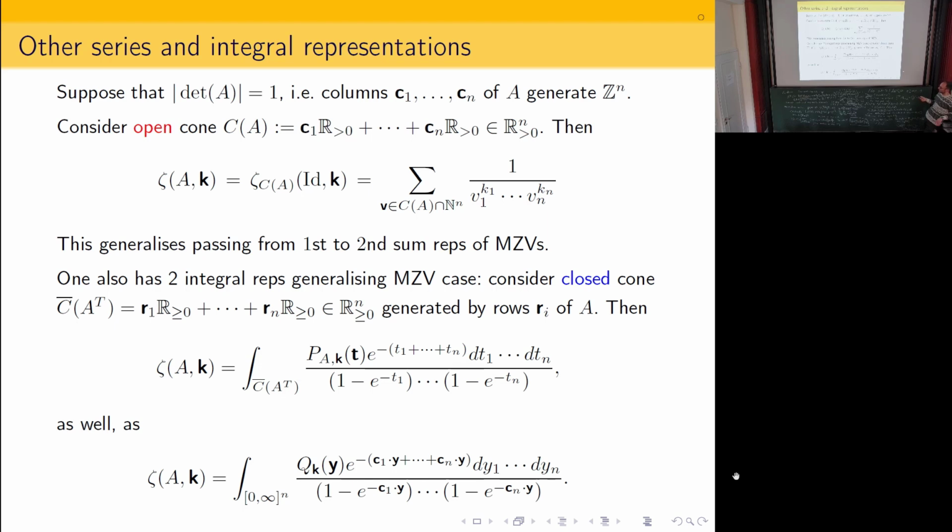And you can do a change of variables, which generalizes the one for multiple zeta values, to take the complicated part into the integrand. So the integrand now depends on the matrix A, but then Q doesn't depend anymore on the matrix A, just on K, and the integration domain becomes very simple. So again, you have these two viewpoints also in the integral representation.